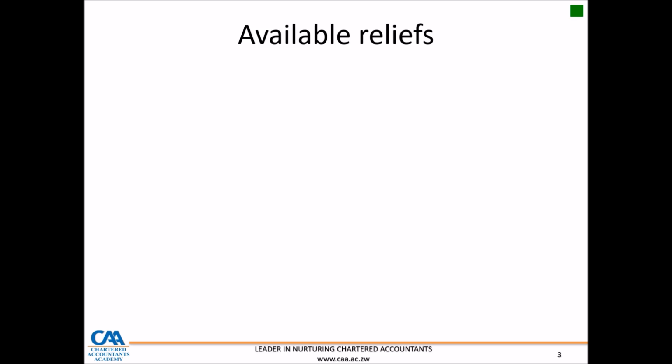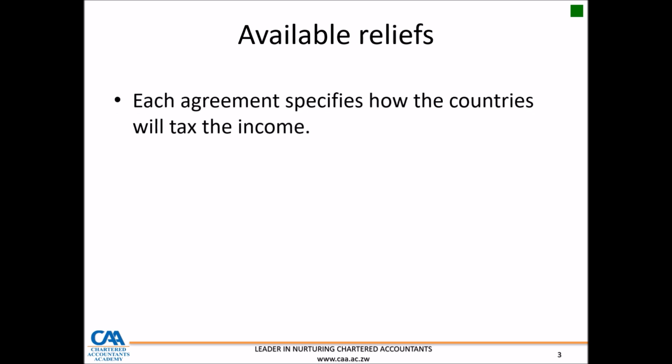So what are the available reliefs as far as double taxes are concerned? In our Act, the amount of relief will depend on the agreement that you're looking at, because each agreement will state which incomes are subject to that agreement and how much relief is applicable.